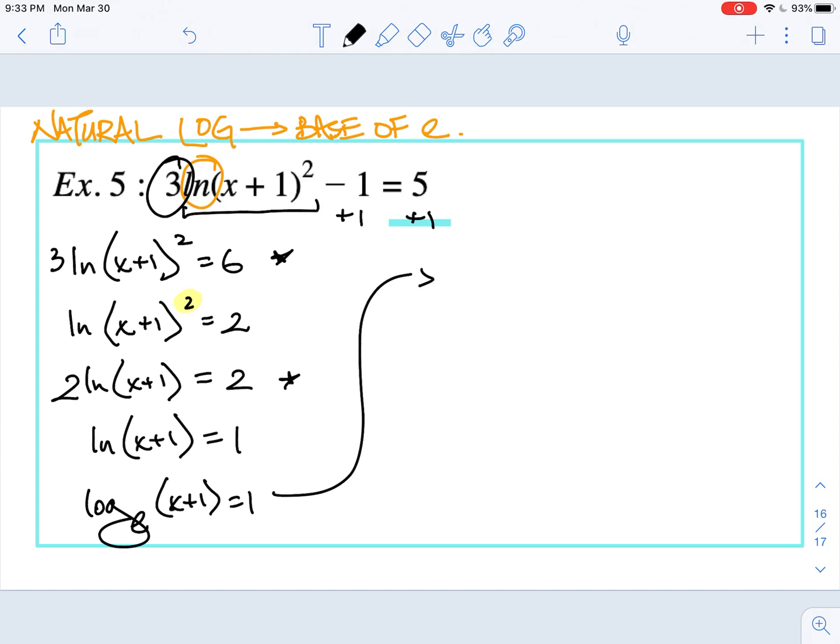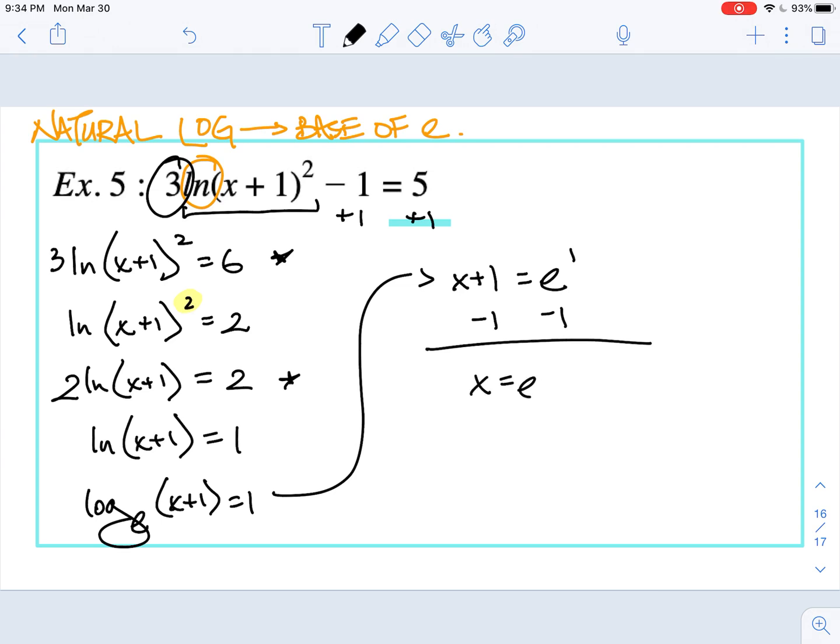So now that I've isolated my log, I can rewrite it in exponential form. So my variable that's being logged, x plus 1, is going to equal the base to the power on the other side. And the only thing I need to do to get x by itself is subtract 1.